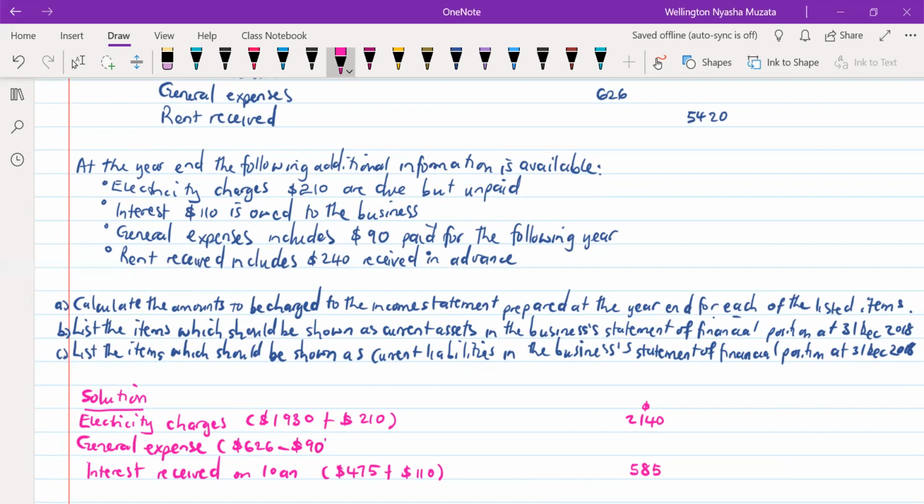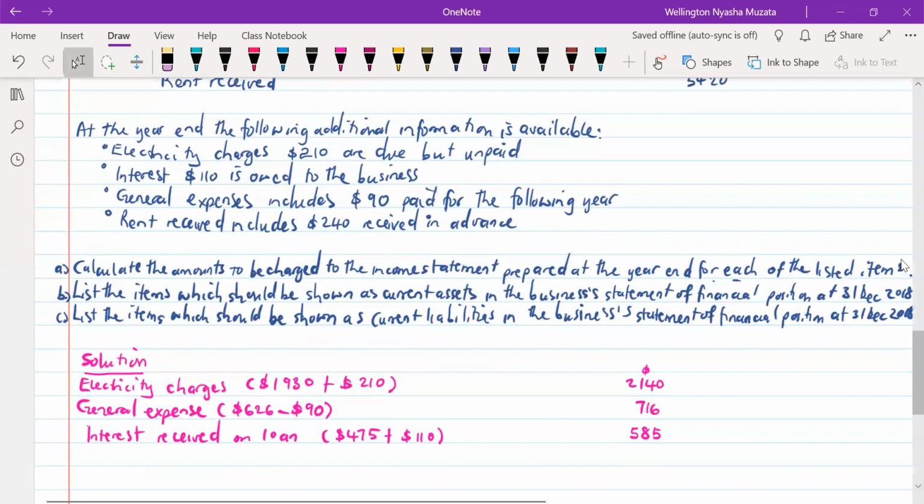It will be taken into consideration in the year it relates to. We have 716. That will be written under operating or trading expenses.